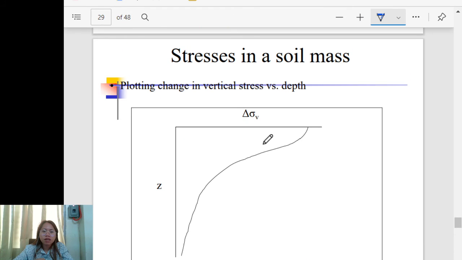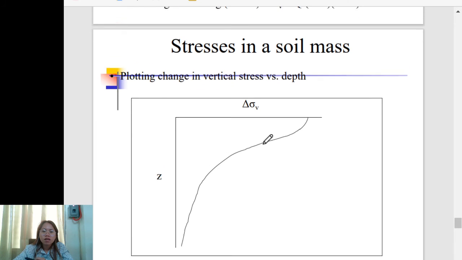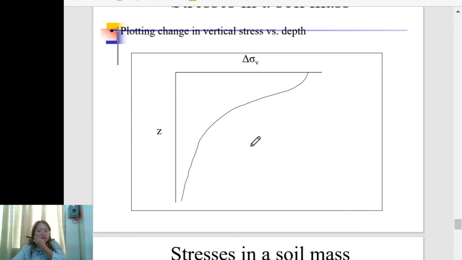Alright. Plotting change in vertical stress versus depth. So, this is actually the behavior of the change of vertical stress with depth. As you can see, the deeper you go, the smaller the stress.